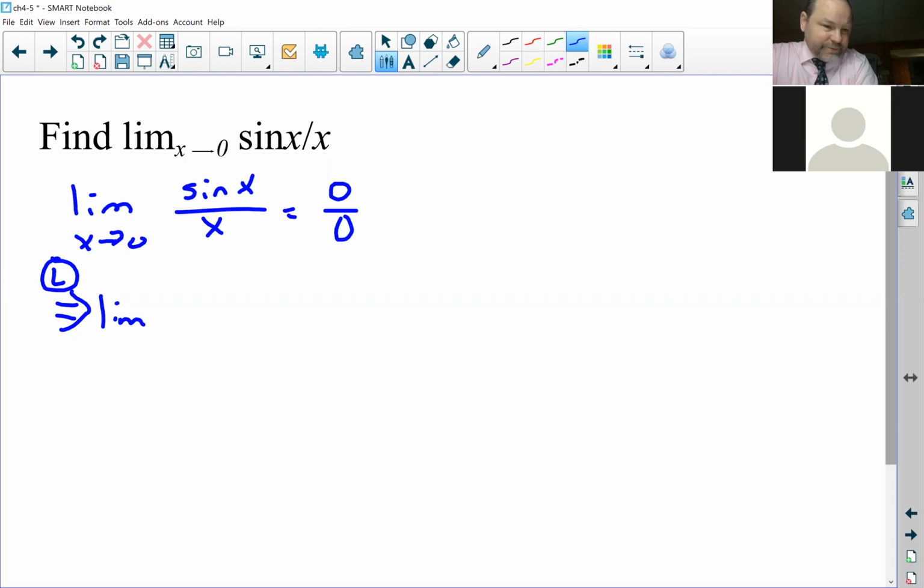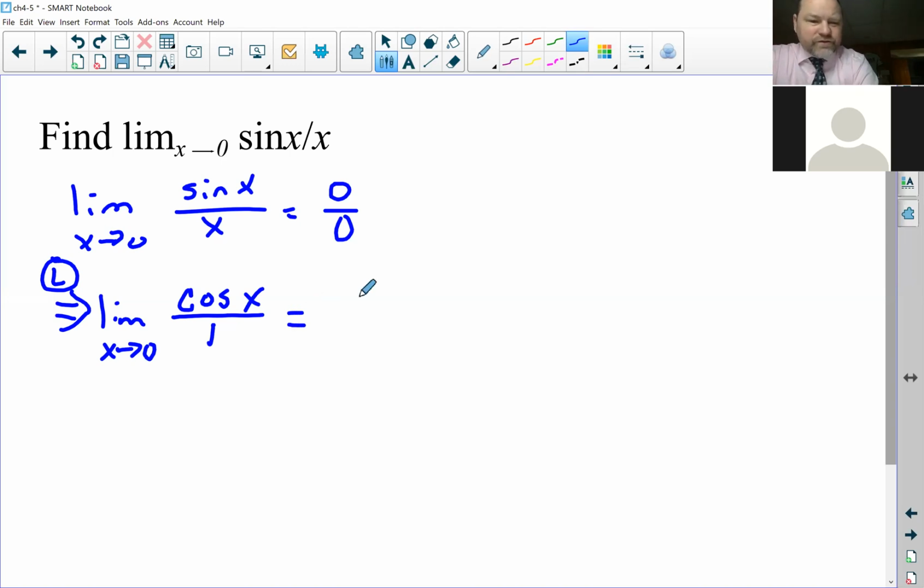So we're going to take the limit as x approaches 0, and now take the derivatives. The derivative of sine x is cosine x, and the derivative of x is 1. And now I can plug in and see if I get a value.